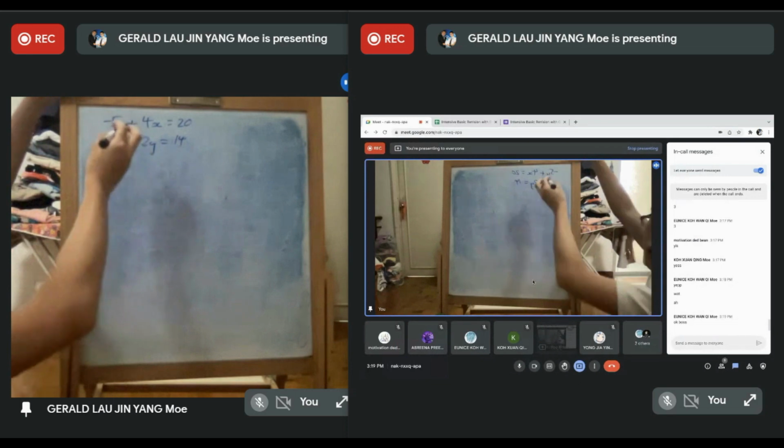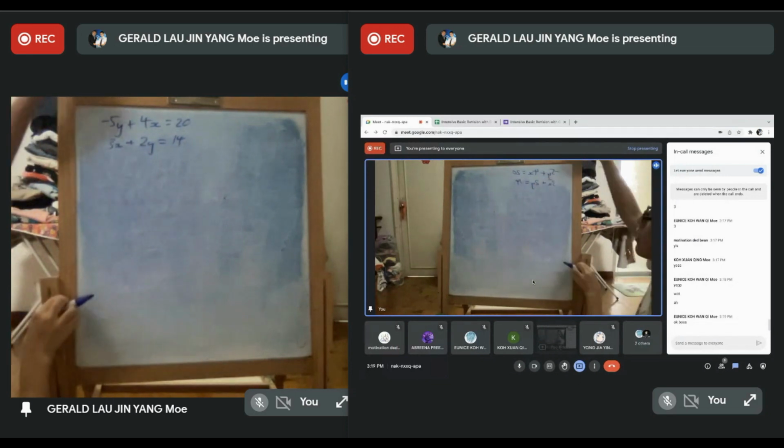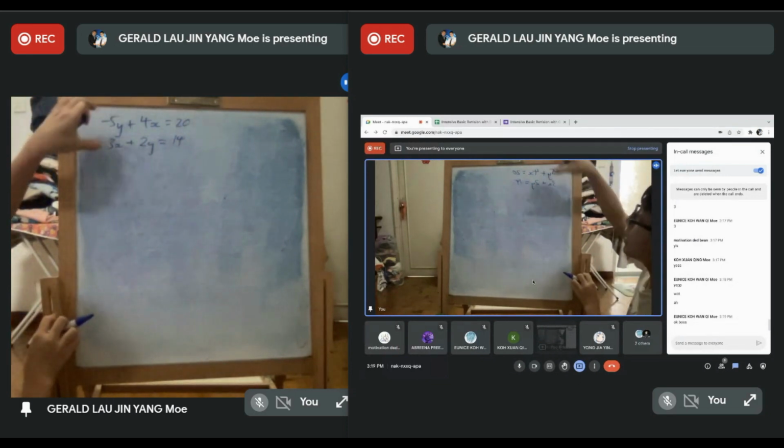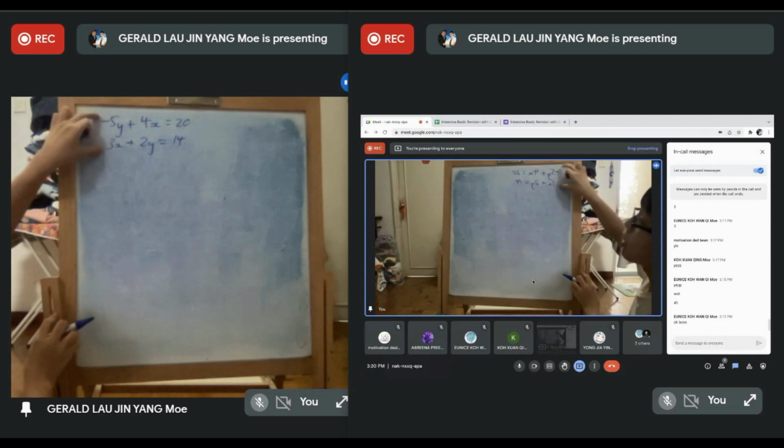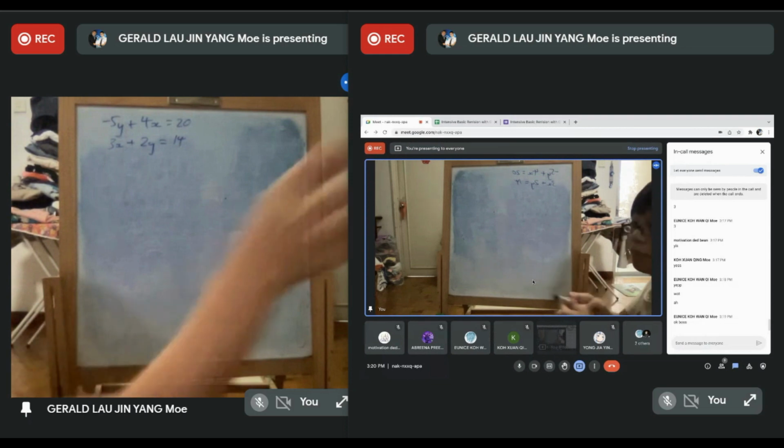Okay, how do I convert to matrix form? Normally, maybe they give you a question and then you write these two linear equations first, then only you convert to matrix form. So now, how do I convert to matrix form?